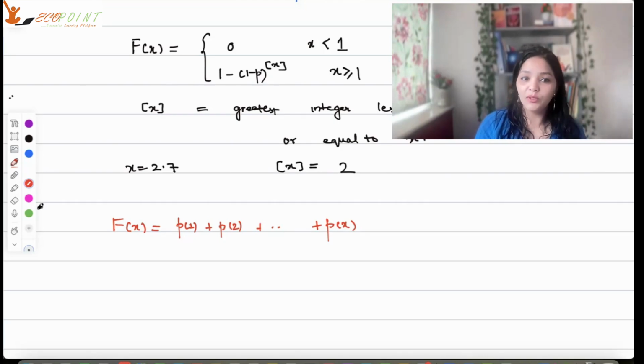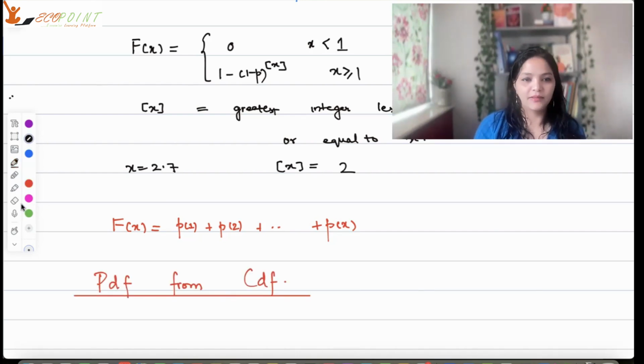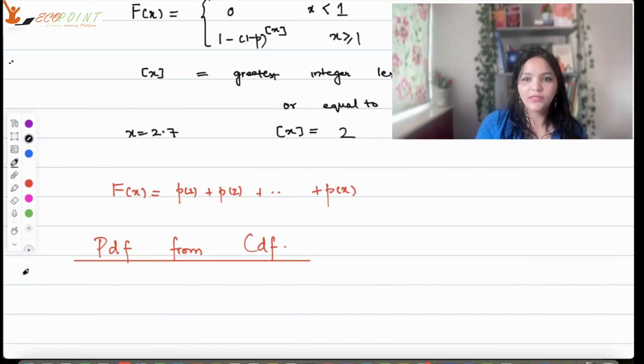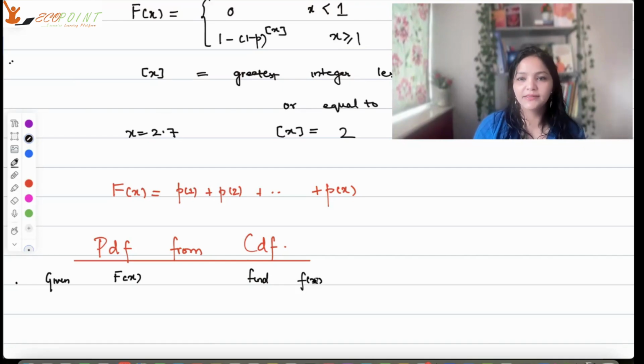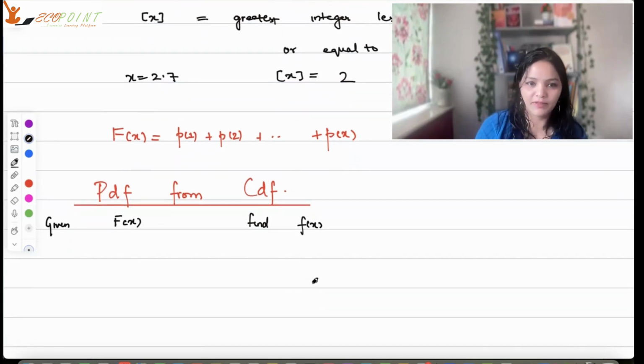There is a way with which we can go to the PMF from the CDF. How will this happen? Let's see. When will you actually use it? If you are given the CDF, that is capital Fx, from there you can find lowercase fx or px, whatever you call your PMF.